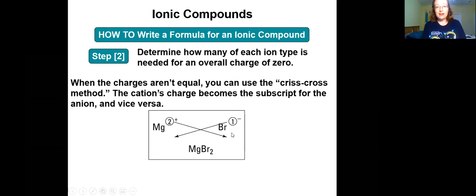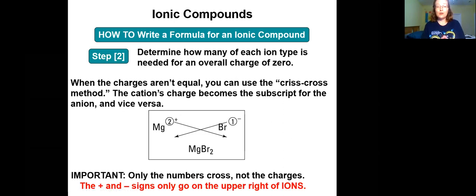The bromide ion, bromine's in group 7A, so his charge is -1. We will crisscross the 2 and the 1. Now, the subscript for magnesium is the 1 that was the charge for bromine. The subscript 2 came from the number 2 in magnesium's charge, the crisscross method.